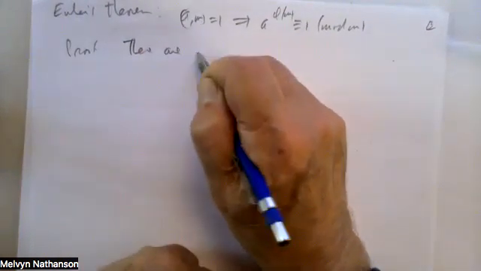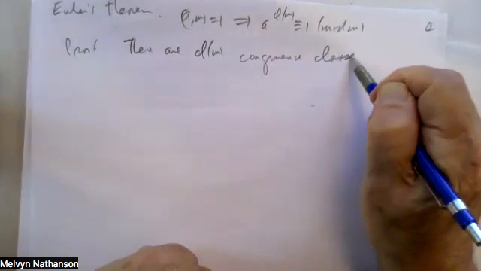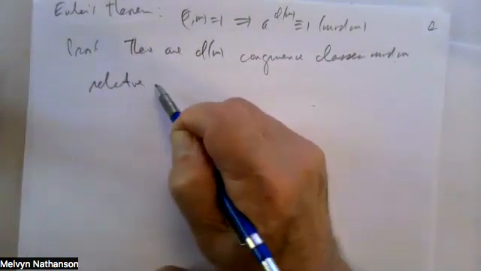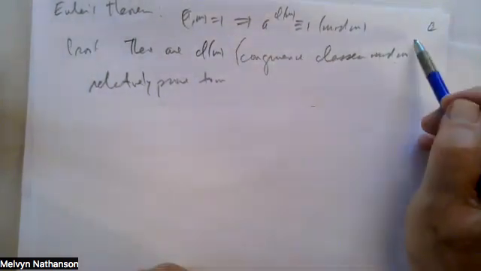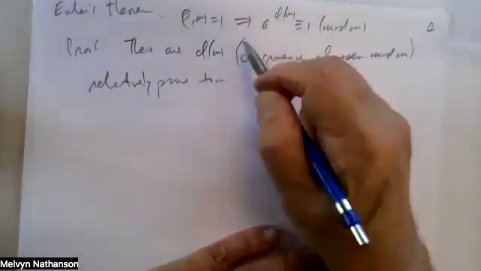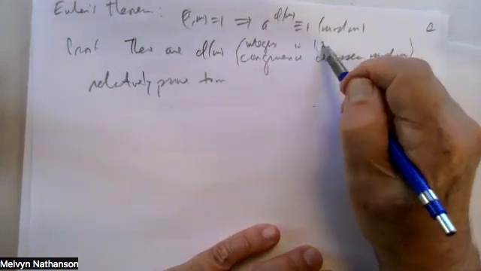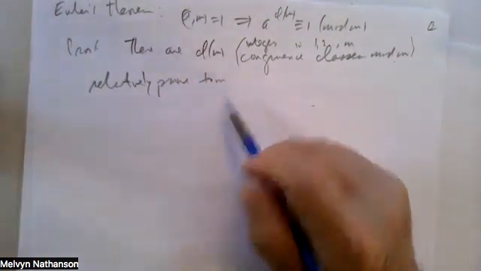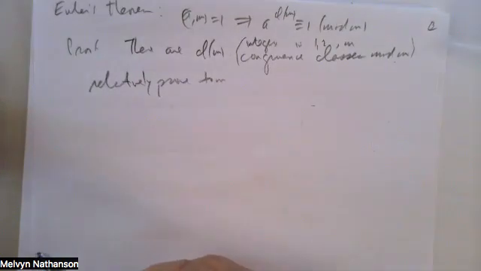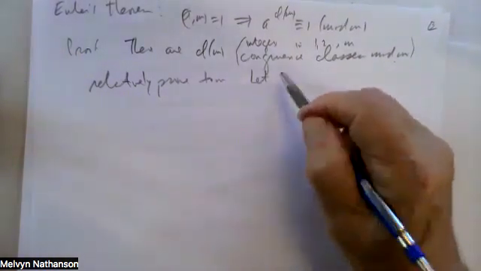So there are exactly phi of M congruence classes mod M relatively prime to M. Or I could equally well say there are phi of M integers in the set from 1 up to M that are relatively prime to M. And if I choose one representative of each congruence class, we have what is called a reduced system of residues.